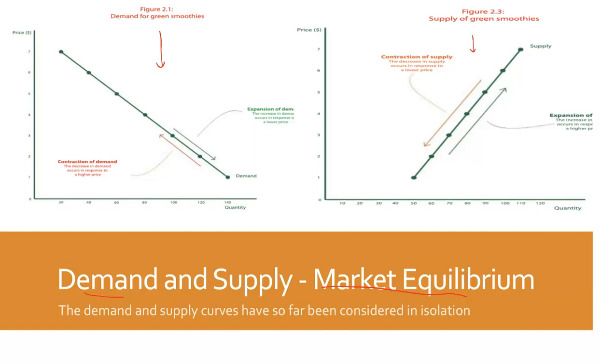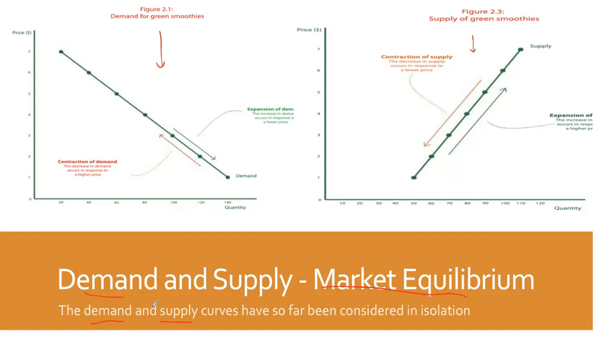And so far in the videos, we've considered demand and supply curves in isolation. We've learnt about movements along, shifts of, and the factors that impact them, but we've never actually combined them together. But in reality, suppliers and consumers work within a market, hopefully a perfectly competitive market.